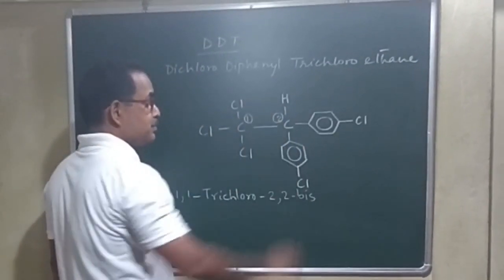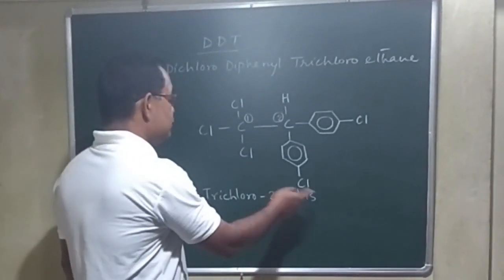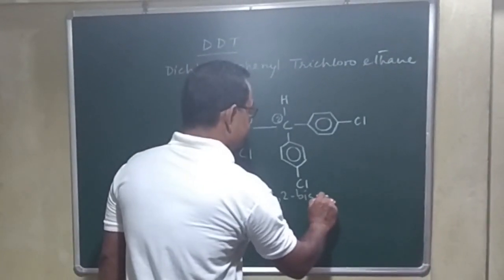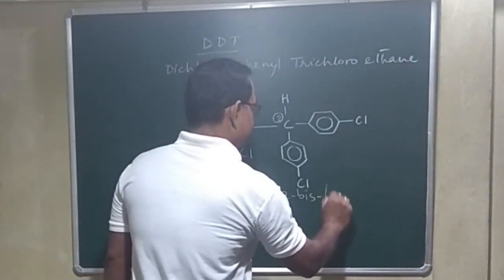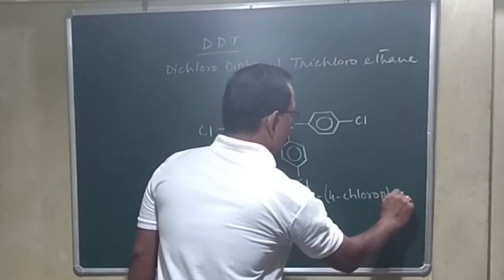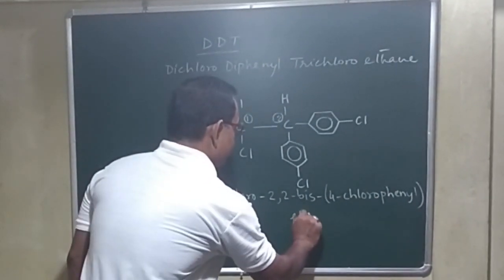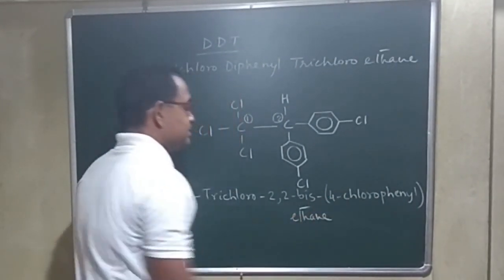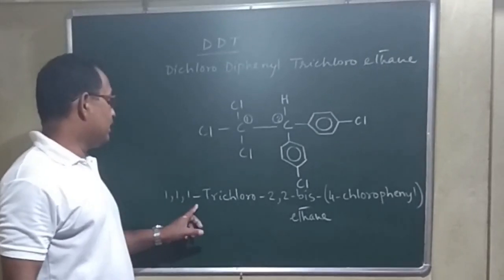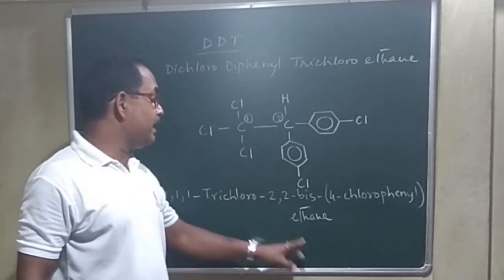Since there are 2 groups, we will use bis instead of di. 2 2 bis 4 chloro phenyl ethane. This is the IUPAC name again: 1 1 1 trichloro, 2 2 bis, 4 chlorophenyl ethane.